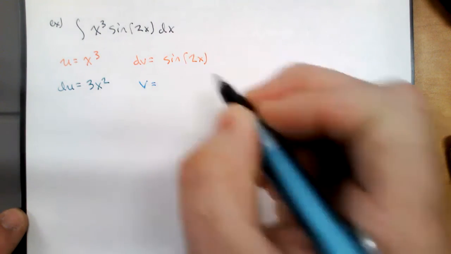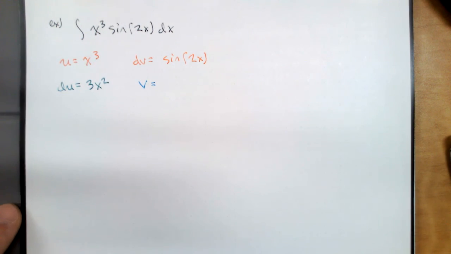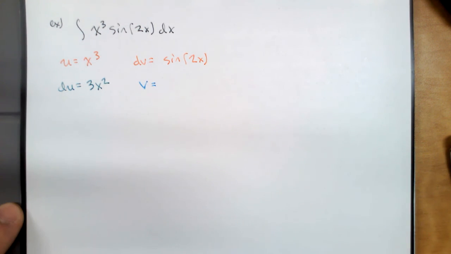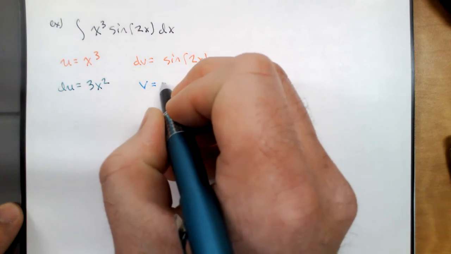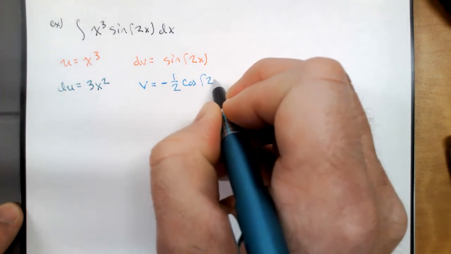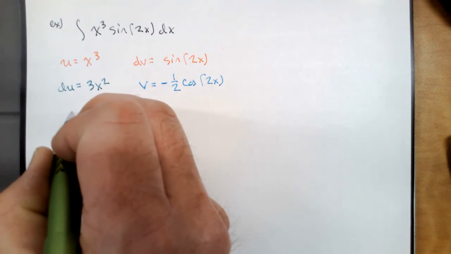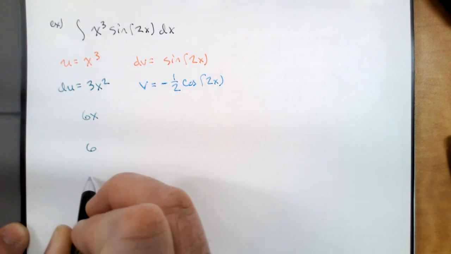And this is where we notice that we are going to be doing multiple parts. X cubed drops down to x squared. Our secondary integral is going to be x squared cosine of 2x. So I'm just going to keep going doing parts all the way down to 0. But we've got to do this minus 1/2 cosine 2x. So we differentiate down to 0: 6x, 6, and 0.